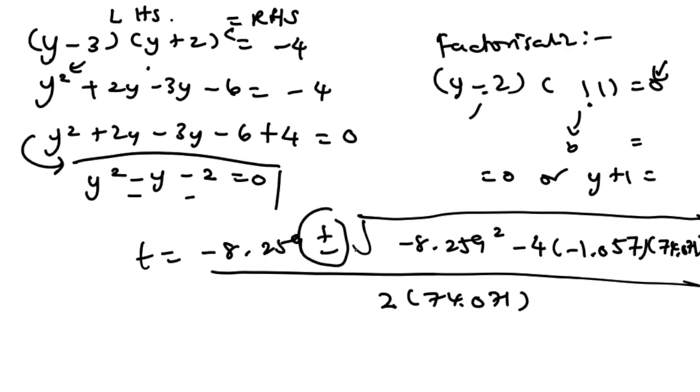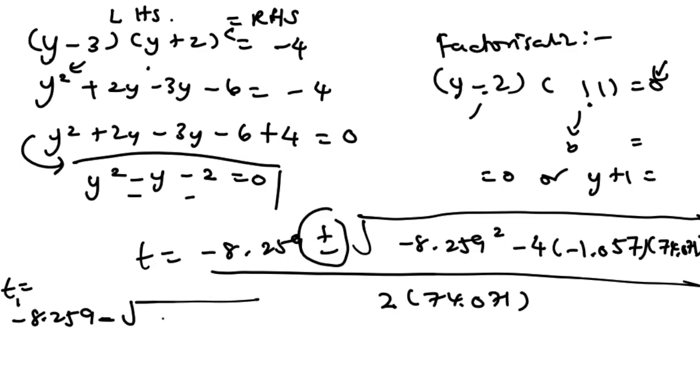You see plus minus here, so that means you have two answers. The first answer is with minus, the second answer with plus. The first answer with minus, you can see clearly here, minus 8.259 minus the square root of everything here.